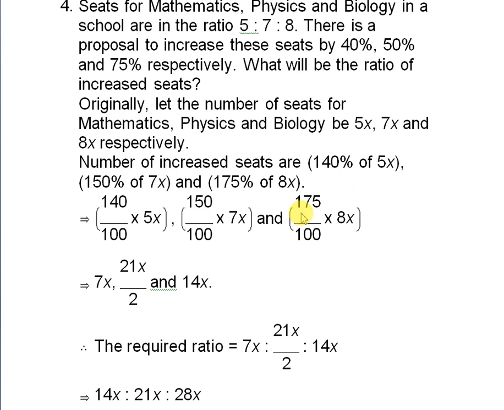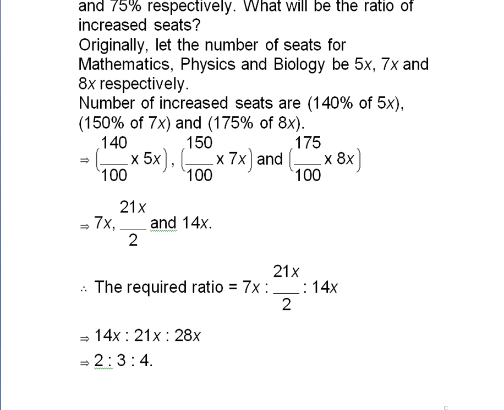Once you solve it, multiplying and putting 100 in place of percentage, you get 7x, 21x by 2 and 14x. So the required ratio is 7x ratio 21x by 2 ratio 14x. After simplifying, you get 14x ratio 21x ratio 28x, and after eliminating x and solving further, you get 2 ratio 3 ratio 4. That is your answer.